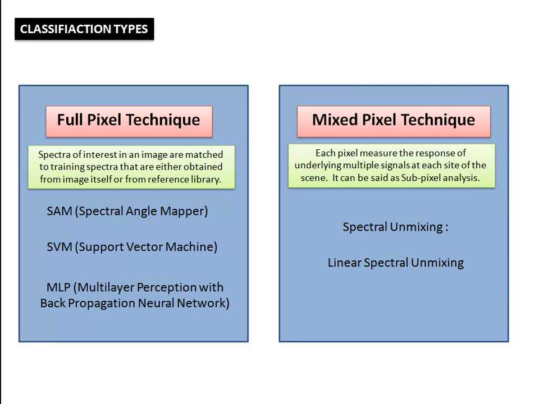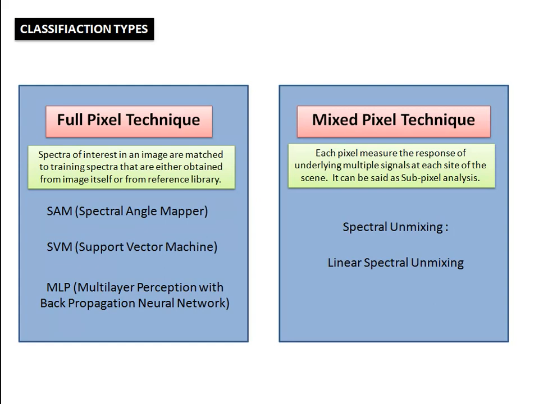In this technique, the image spectra is matched with the reference spectra, and that reference spectra can be gathered either from the field or from the spectral library, and that spectral library or the field spectra can be fetched using the radio spectrometer.